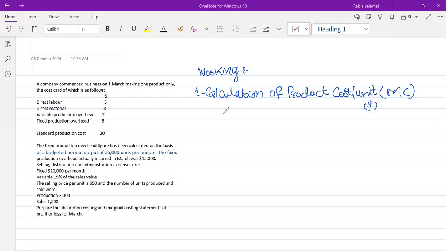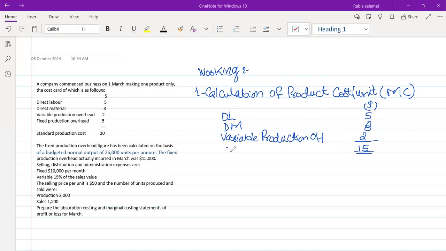You have product cost elements of direct labor. Direct labor is 5. Direct material is 8. Variable production overheads is 2. Your per unit cost is 15.